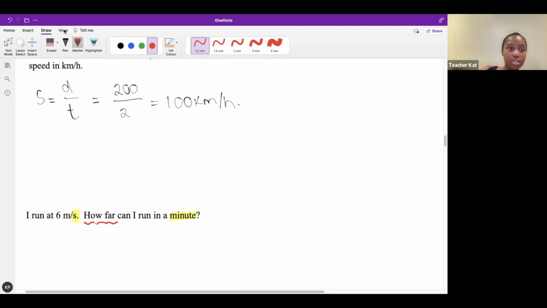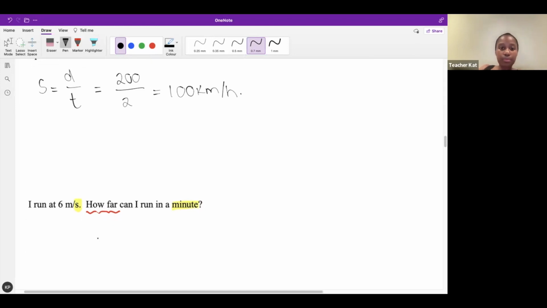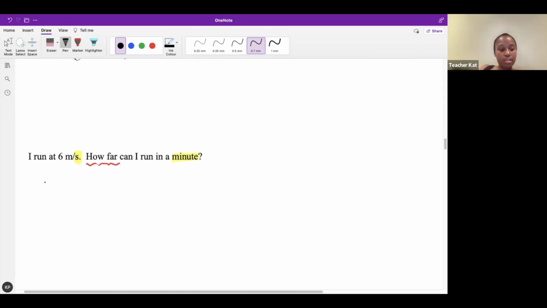So we're working out distance, and my formula for distance once again is speed times time. Now they've given us the speed, which is 6 meters per second, times.